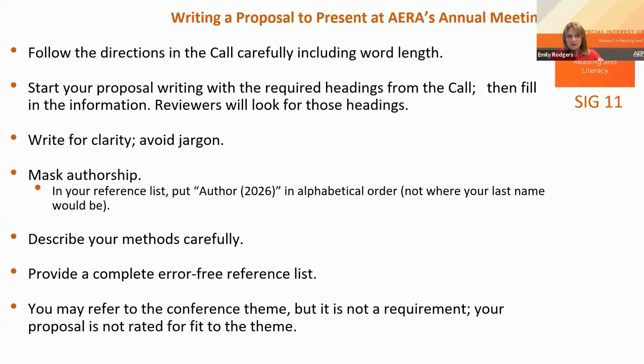And in fact, the sections that are in the call that you're told to put in your proposal, those are the same sections that reviewers are looking for when they apply their rubric to rate your proposal. So make sure your headings are there. I like to put the headings into my Word document from the beginning and then fill in the information there. It helps reviewers find the information that they need to rate your proposal.